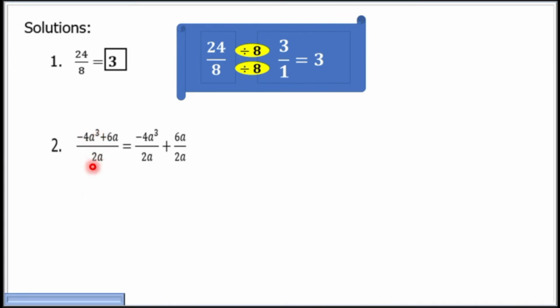Ang 2a denominator man pod ni negative 4a cubed, denominator pod siya ni 6a. So gibungkag ra nato ang expression: negative 4a cubed over 2a plus 6a over 2a.